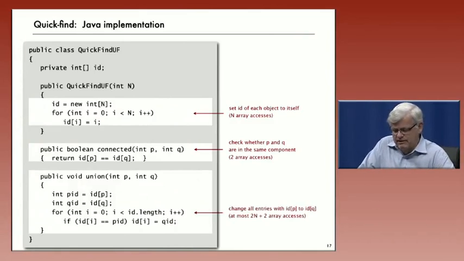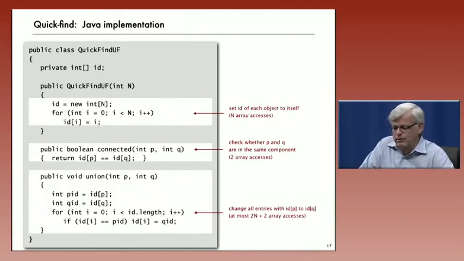The more complicated operation to implement is union. And there we find first the ID corresponding with the first argument, and then the ID corresponding to the second argument. And then we go through the whole array looking for the entries whose IDs are equal to the ID of the first argument and set those to the ID of the second argument.